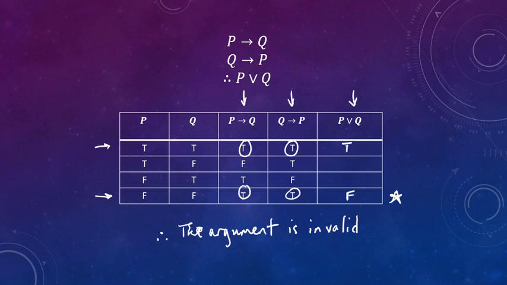So this is the little shortcut that you can do. Saves you a little bit of time, not a ton, but once you have all of the truth values for each of your hypotheses filled in, you can then figure out your critical rows, and then from there only find the truth values of your conclusion for those critical rows, and you can just do that to come up with your final determination of a valid argument or not.